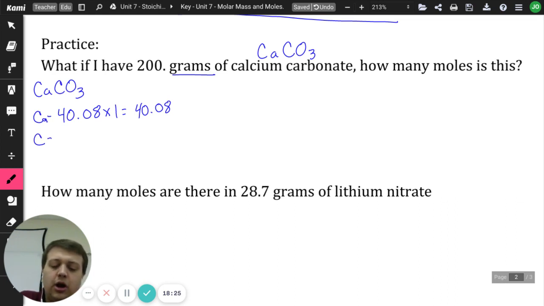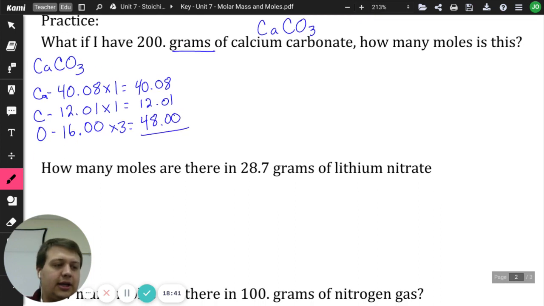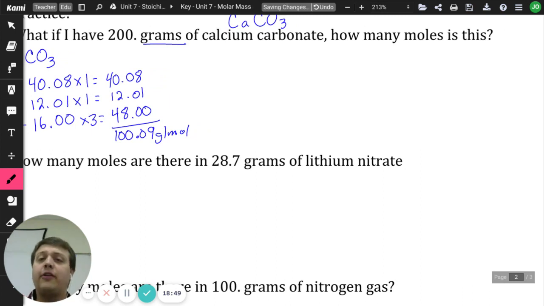Carbon has a mass of 12.01 times 1 is 12.01. And then oxygen has a mass of 16 times 3, which gives us 48. We add all that together and we get 100.09 grams per mole.